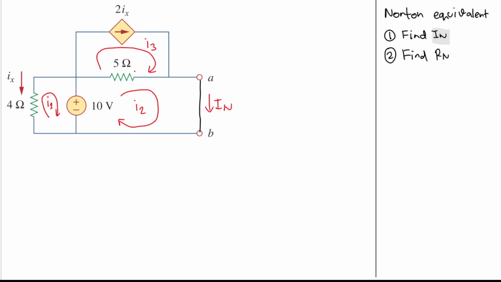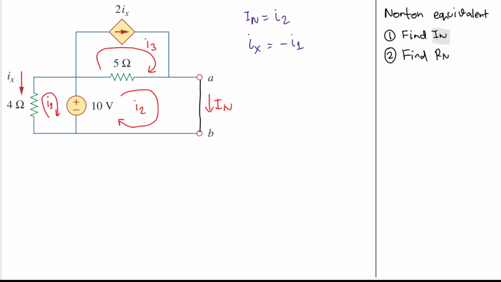What can we get from here? IN is equal to I2. That is our first information. Then Ix is going down across this 4 ohm resistor, and I1 is going up through this 4 ohm resistor. So Ix and I1 are the same current but in opposite directions, so Ix is equal to minus I1.